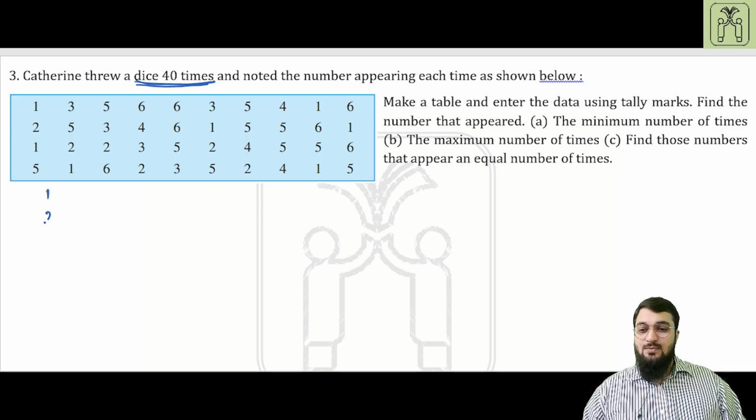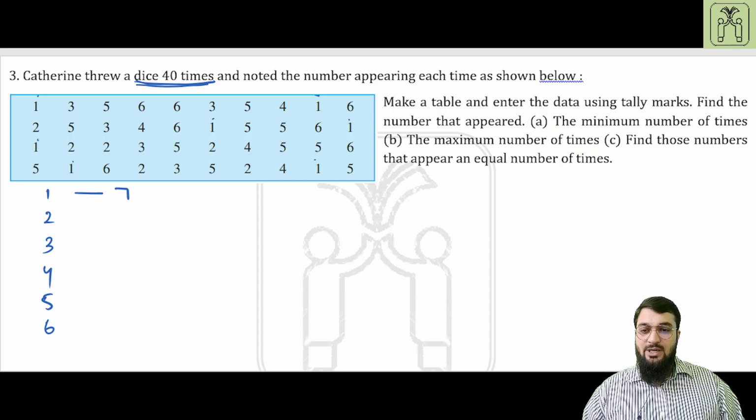So 1, 2, 3, 4, 5, and 6. So 1 will have 1, 2, 3, 4, 5, 6, 7.